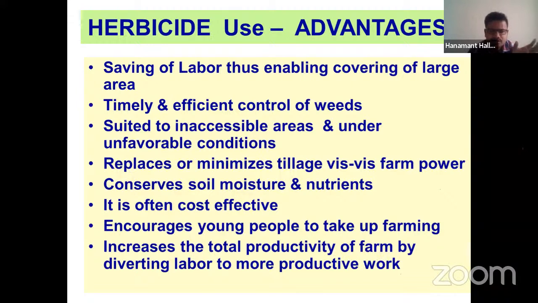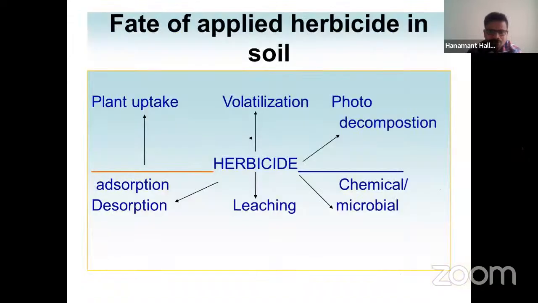Then this replaces or minimizes the delays from farm power machinery. Then this conserves soil moisture and nutrients, and it is often cost effective. Then it encourages people to take up farming because of better weed control. Then it increases total farm productivity by diverting labor to more productive work. So these are some of the advantages with herbicide usage. That's why we are using them.